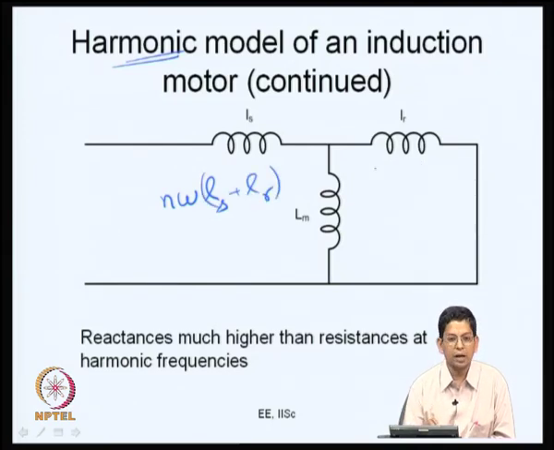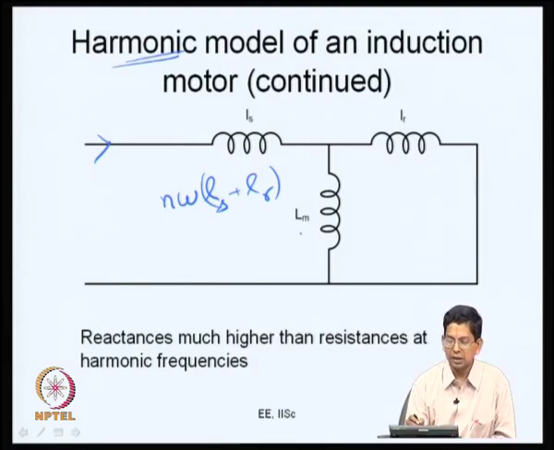So, this is the total reactance now. If you see these reactances, this n omega L s, for example, is much bigger than the stator resistance R s, and similarly this n omega L r, the reactance pertaining to L r, is much larger than R r at the harmonic frequencies. And therefore, you can ignore those two from the point of view of calculating how much harmonic current is being drawn, you can ignore those two now.